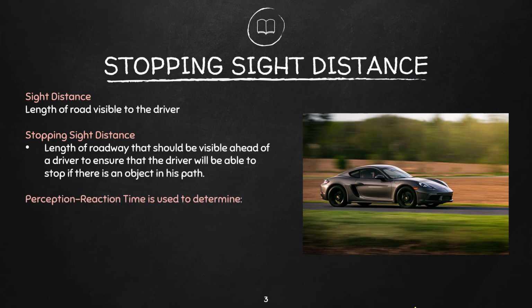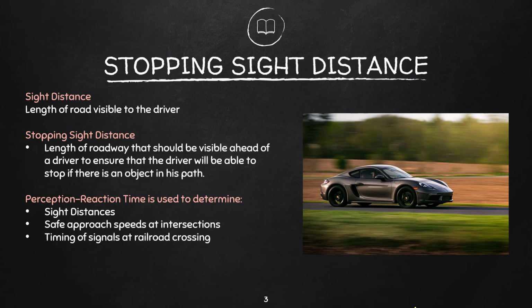So as a review, we have discussed in the previous video about perception reaction time, which is used to determine sight distances, safe approach speeds at intersections, timing of signals at railroad crossings, and traffic signal change intervals.